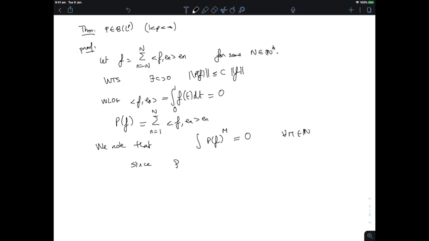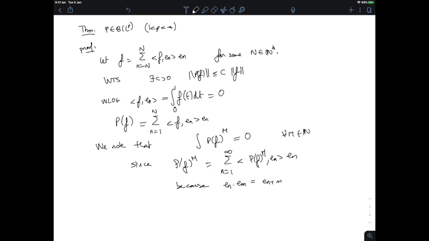That's because P of f to the M, if I raise such a sum to the power M, is going to be of the form a sum that can only start at 1 and goes to, further than capital N, but to some finite number, of coefficients times E_n, because whenever I multiply these E_n together, I get one that is further up in terms of the natural number indexing it, right?